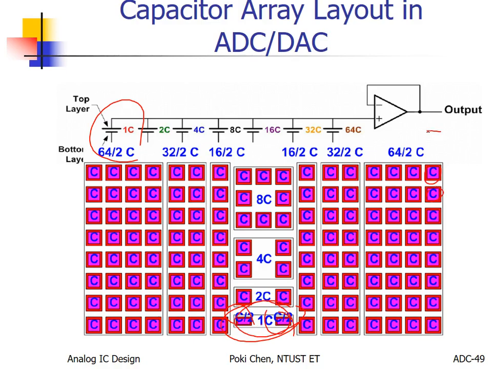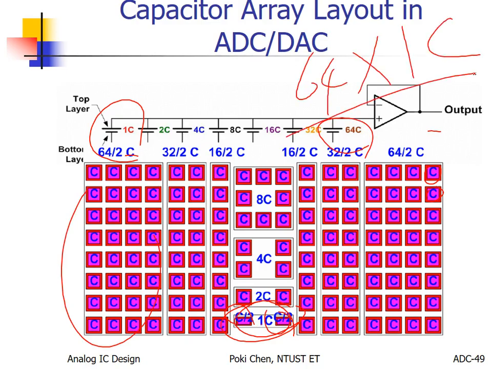So correct: 64C is actually realized by 64 1Cs. But here is incorrect. You will get too much variation after fabrication for 50% of C. No. It's really bad.